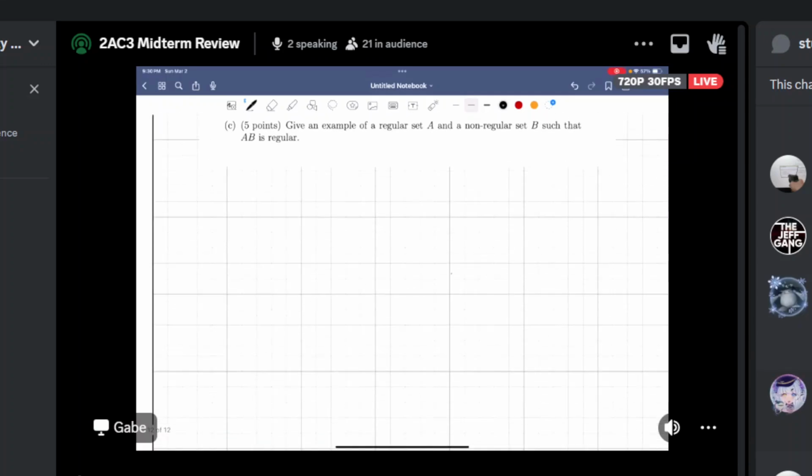What I mean by that is that if you have A being the regular expression 0 starred 1 starred, that's obviously a regular set because it's a regular expression. It's in the name. And you union it with B being the set of 0^n 1^n, such that n is greater than or equal to 0.